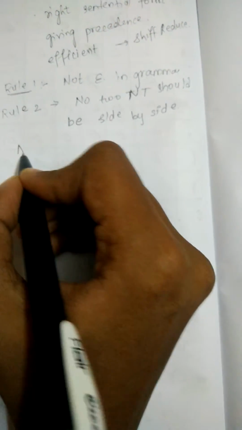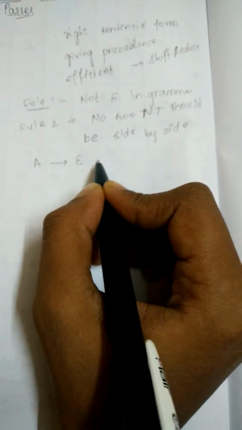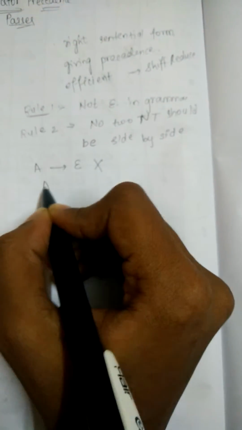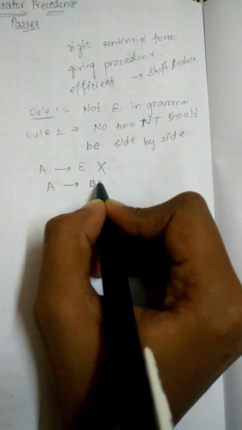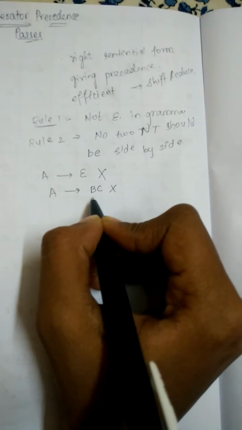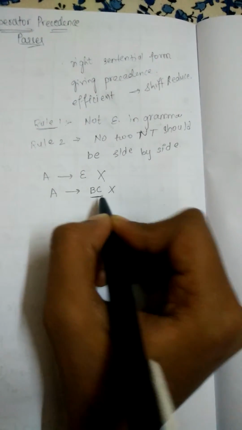Like A tends to epsilon is not allowed, A tends to BC is not allowed because these two are non-terminals.